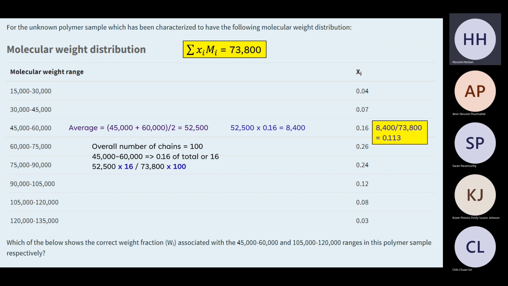If it was a weight average, I should have multiplied it by still the number, but it would be reversed. Alternatively, I would find the overall weight divided by the number to get a number average. That's usually the way you do it. But here I'm using data that I already calculated to figure out what the overall weight is.